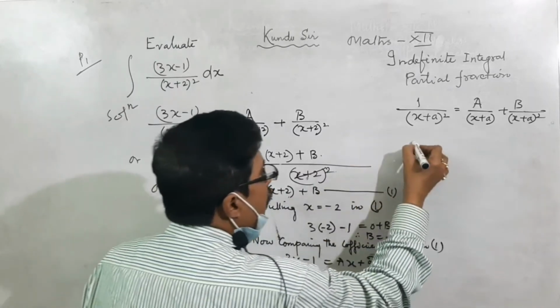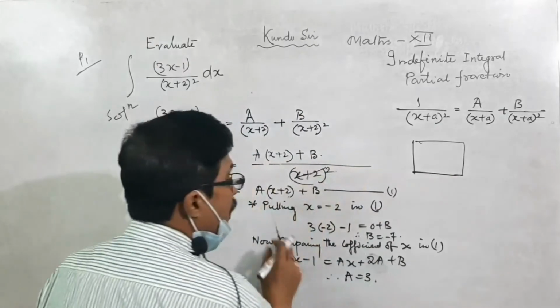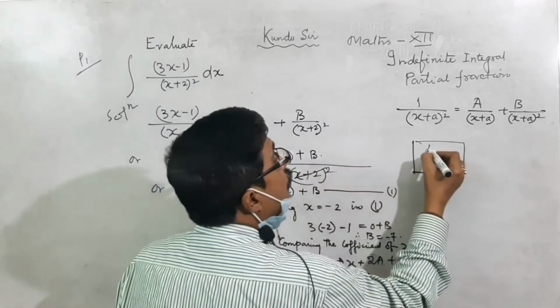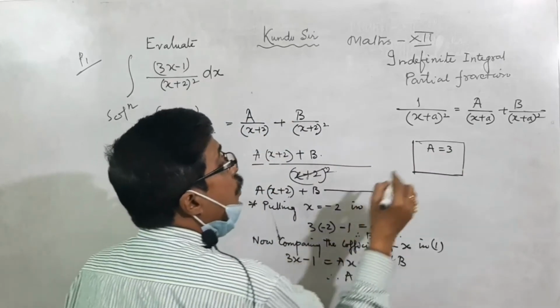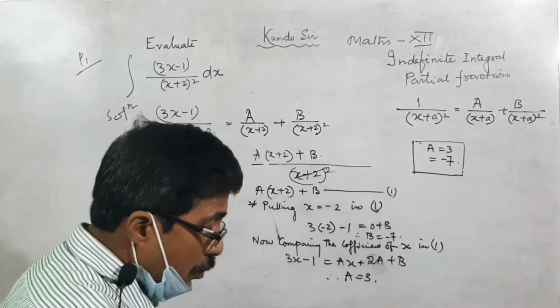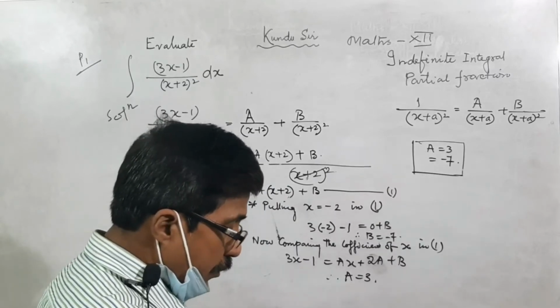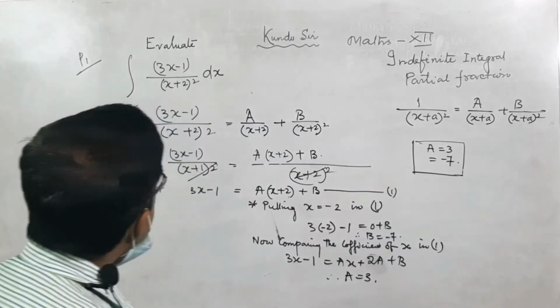Now we are writing here A equal to 3 and B equal to minus 7.